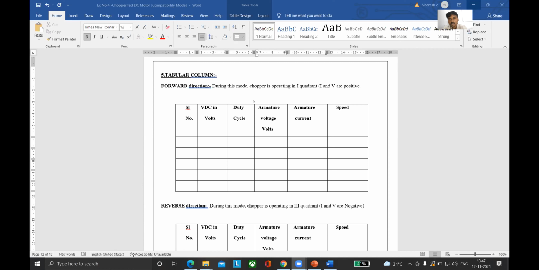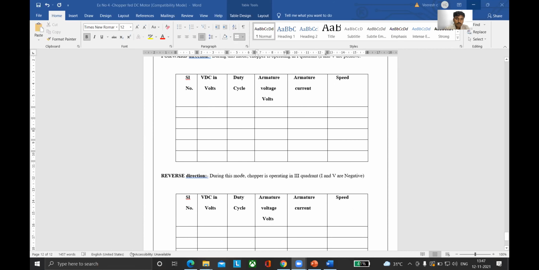Also we can take the armature voltage. The supply voltage is constant here. Supply voltage means chopper input voltage, and armature voltage in volts, and armature current in amperes. This is the output voltage and output current. And also we can note down the speed of the motor.